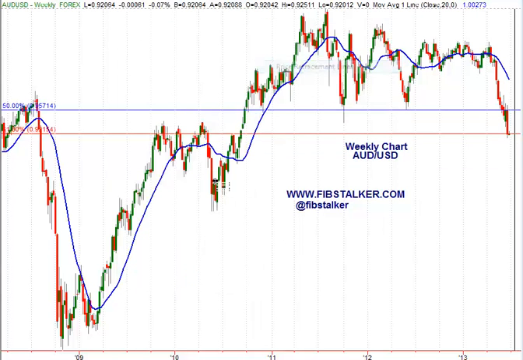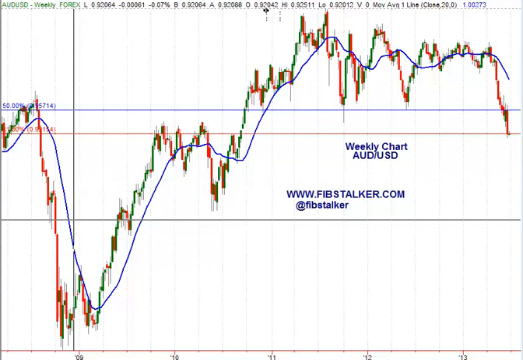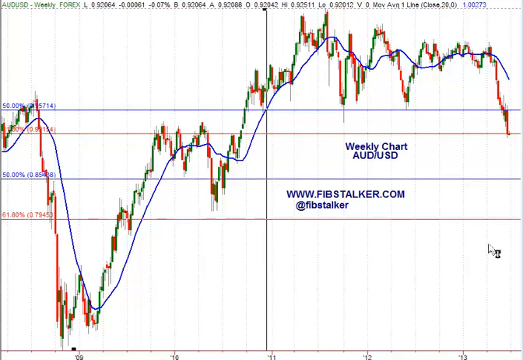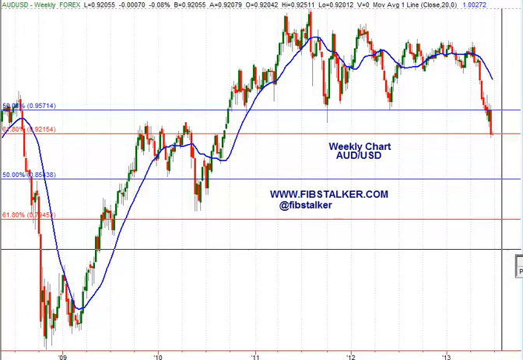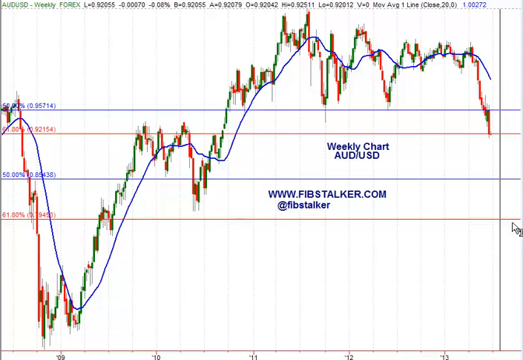Now the price of the Australian dollar versus the US dollar has the potential to move lower into the 0.8540, and this can happen even if the dollar index continues higher, or even if the dollar index corrects lower, because I want to remind you that the Australian dollar is only a small component, just 9% of the dollar index.